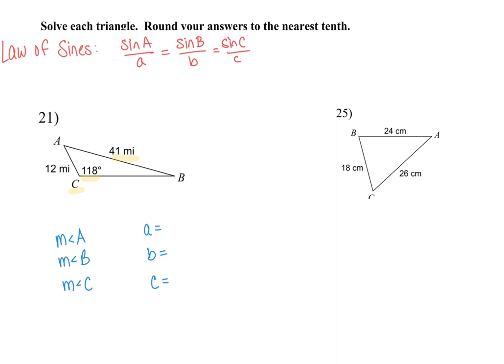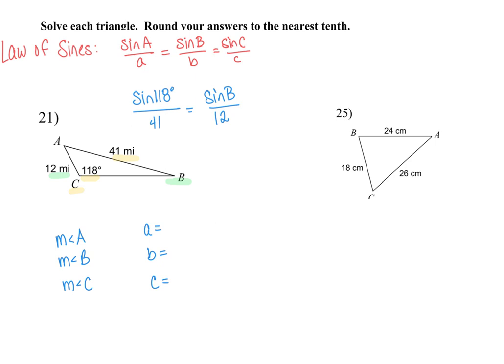I need to solve for, first, the one that I have another piece of information about, which is B. So I have side b, I need angle B, and I'm just going to set up this ratio. I'm going to say, well, the sine of C, which is 118, divided by the side c should equal the sine of B divided by the side b.